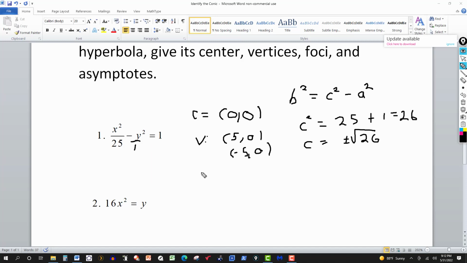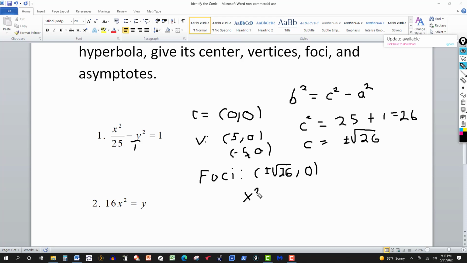In the same way, for the foci, the value of c is plus or minus the square root of 26, so we add that to the x value, with y being 0. So one focus is at the square root of 26 and 0, and the other one is minus the square root of 26 and 0.